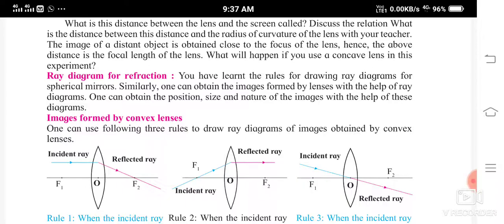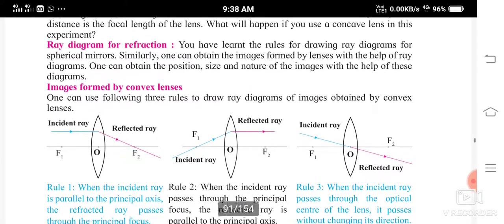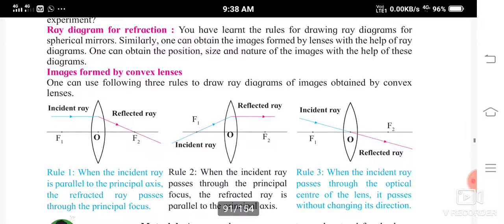Now in this chapter, you are going to learn the ray diagrams regarding the images formed by lenses. One can obtain the position, size and nature of the images with the help of these diagrams.